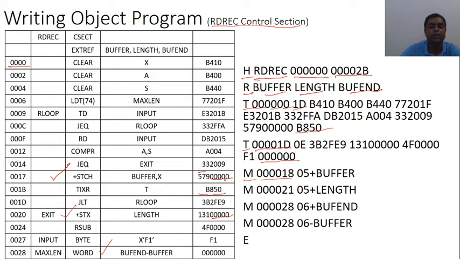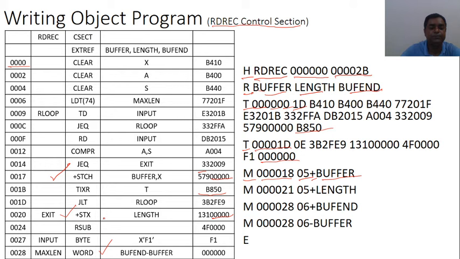And how many half bytes will the modification be performed on? 05, 5 half bytes, because this is a format 4 instruction and this takes a 20-bit address. We have to add the value of BUFFER here, because this is the address of BUFFER. So I have written here the modification flag as plus and then BUFFER.